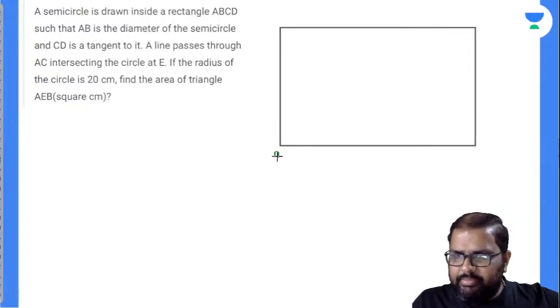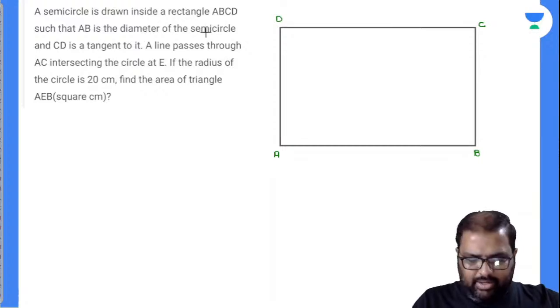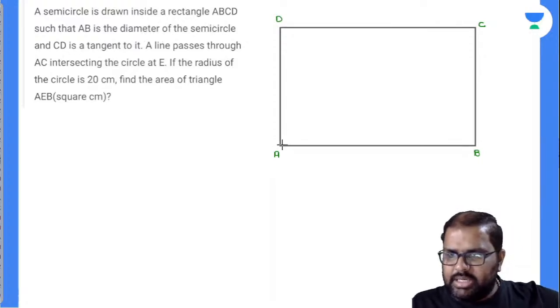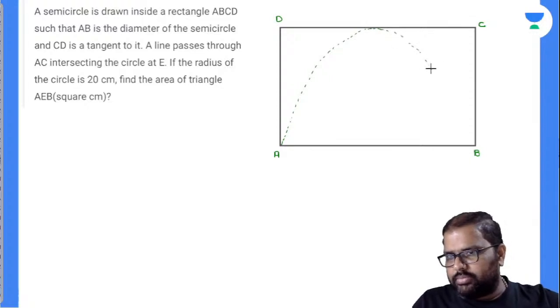So with AB as the diameter, ABCD. So I'll be taking it down like this. Now AB is the diameter. And CD is the tangent, it seems. CD is the tangent means your semicircle has to be drawn like this, beta, which has to touch CD surely, and this is the semicircle drawn.